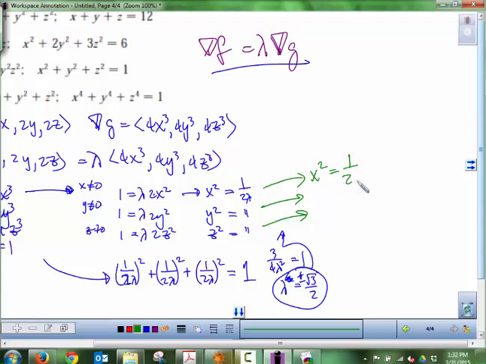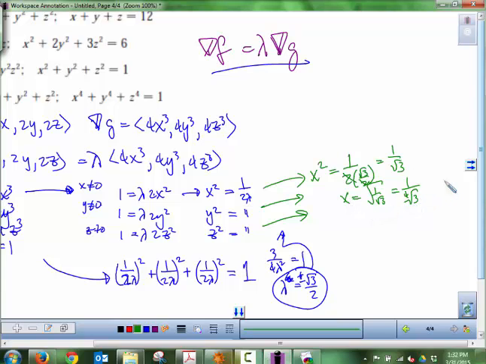So 1 over 2 lambda, which is root 3 over 2, and so that's just a root 3. And so x is equal to the square root of 1 over root 3. That's another way to write that: the fourth root of 3, or 3 to the 1/4 power.